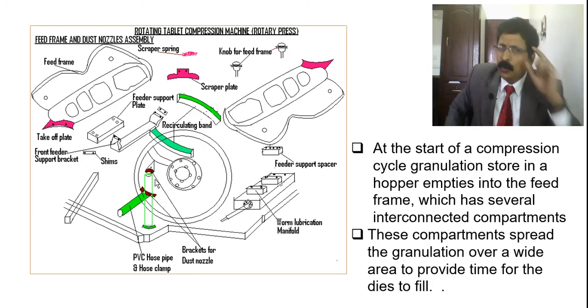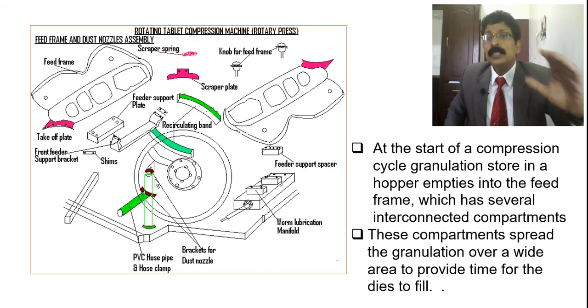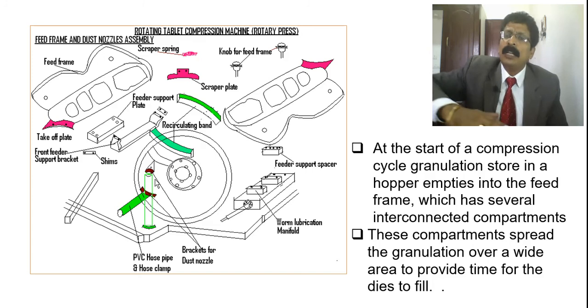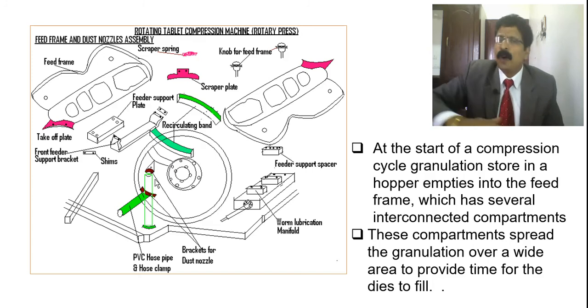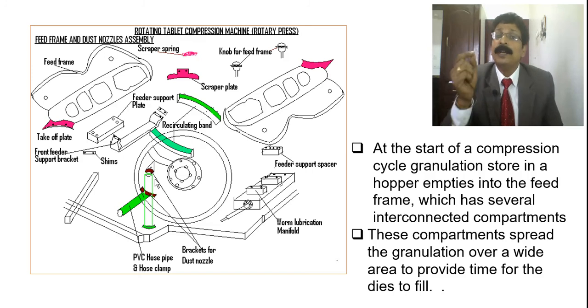What is the use of the feed frame in this junction? Students at degree level should know that. So what is the use of this feed frame? The feed frame will have many compartments to travel this powder or the granules. Why do we want it to travel in this? Because this is a fast machine which is moving, and the weight variation should be uniform.